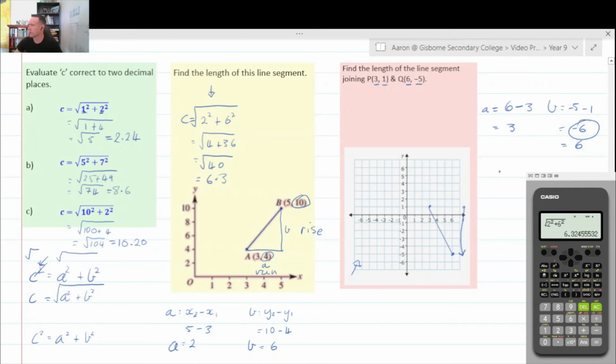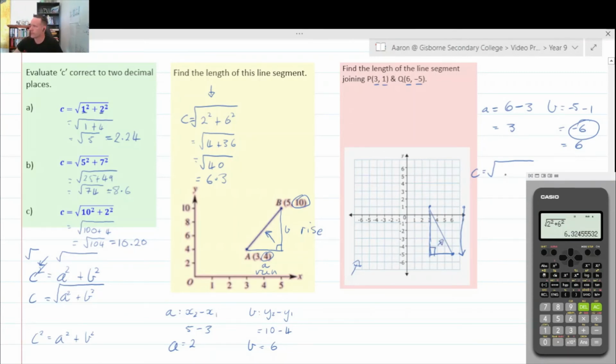So we've got the side lengths. Now we can just plug that into our equation to find C, which is the hypotenuse. The hypotenuse is always opposite the right angle. There's the right angle, so that's the hypotenuse, or C. That's why we're finding C there.